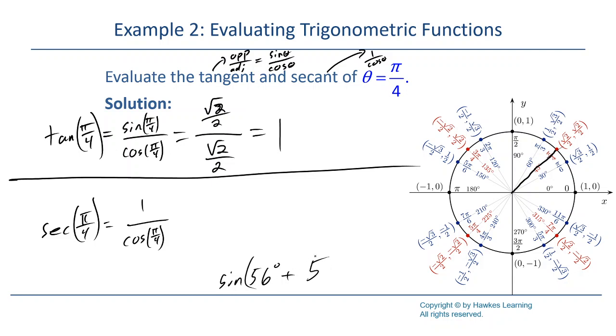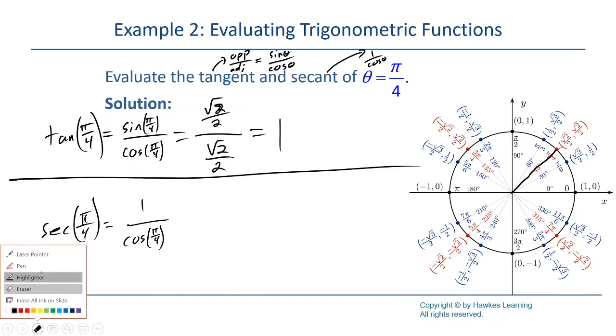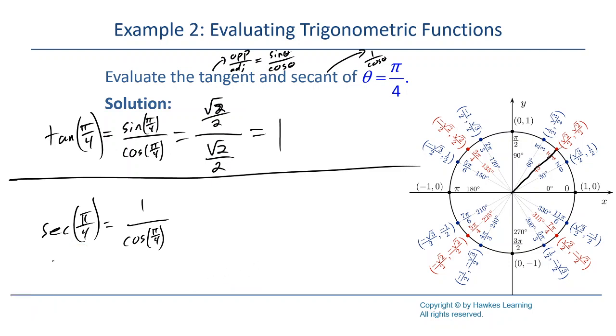If you give it this, it's going to treat it like this most of the time. Some calculators may not, but a lot of times you have to be very specific and say, okay, this is sine of 56 degrees, then you add 5 to it. So I don't have consistency about it, but typically like something like this, sine of pi over 4 over cosine of pi over 4, I kind of like to do that just to make it easier.